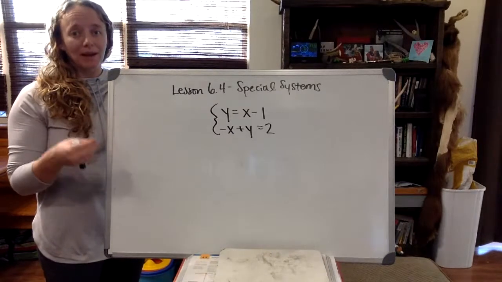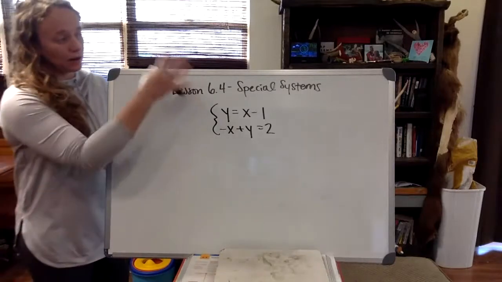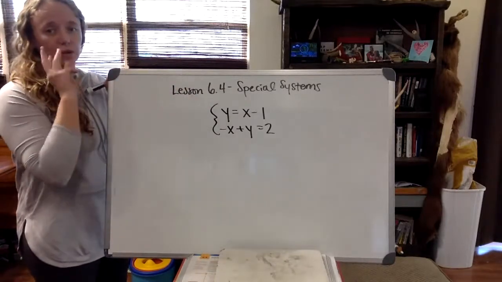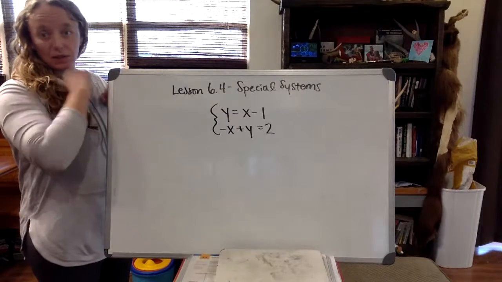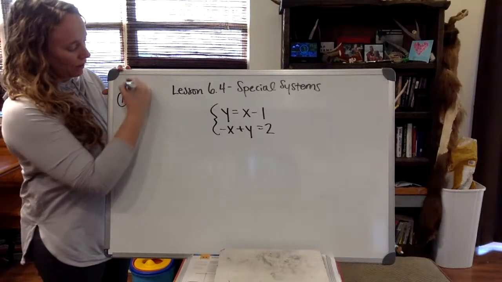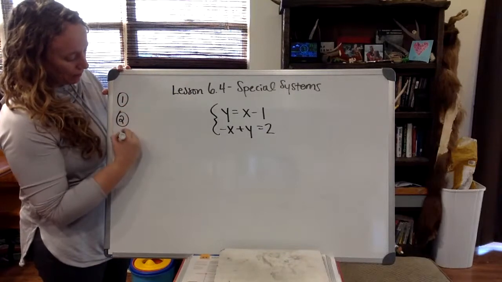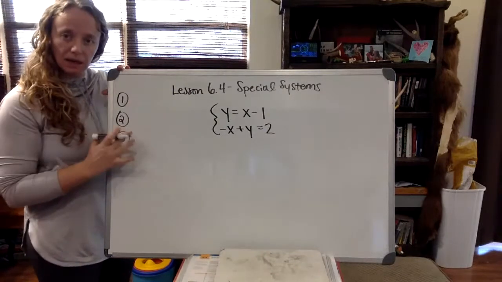They may or may not actually have an intersection point. What we'll find is there are 3 different scenarios, and we'll keep a tally.